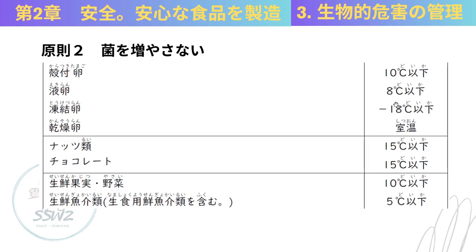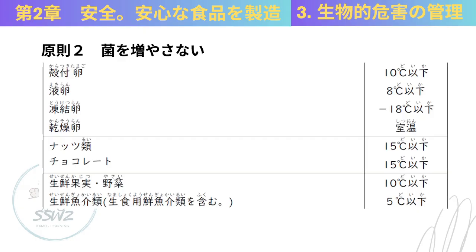We need to store it at minus 18 degree. Kansoran, like dry egg. We need to store it at room temperature. About nasu, like nut, about 15 degree. Chocolate at 15 degree.